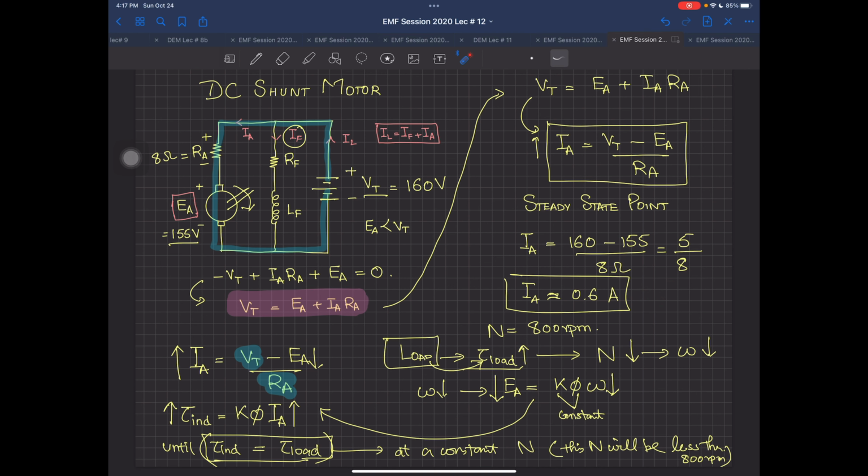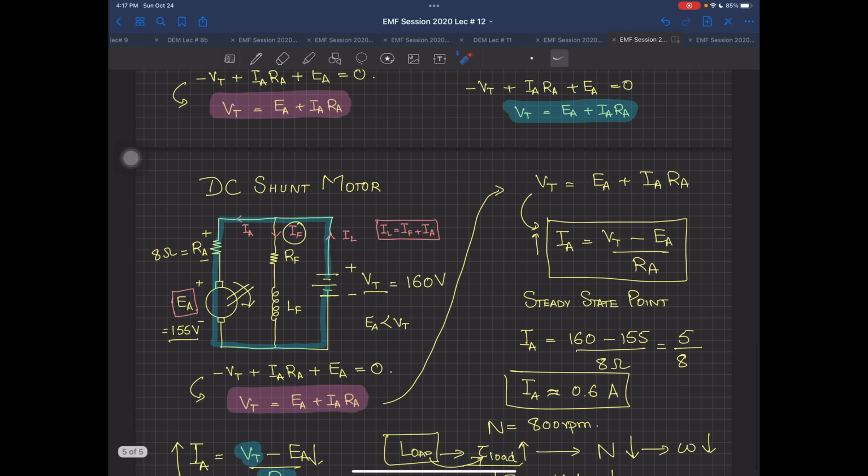So the machine was working at a steady state point, and as soon as you apply the load, the machine starts to take more current. More current means more torque, and more torque means it's going to fulfill the demand of the load, but at a lower speed N, that is the RPM, or at a lower omega in radians per second. So I hope this is clear.